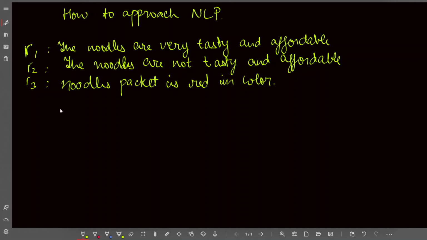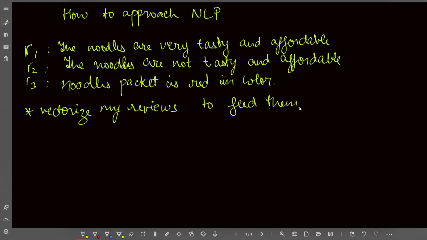Okay. Because machine learning models only understand numbers, they don't understand words. So we have to first find a way to vectorize this. All right. Vectorization will ensure that I have a vector for each review that is expressing that review in numbers. So what I have to do is vectorize my reviews to feed them into a model, right?